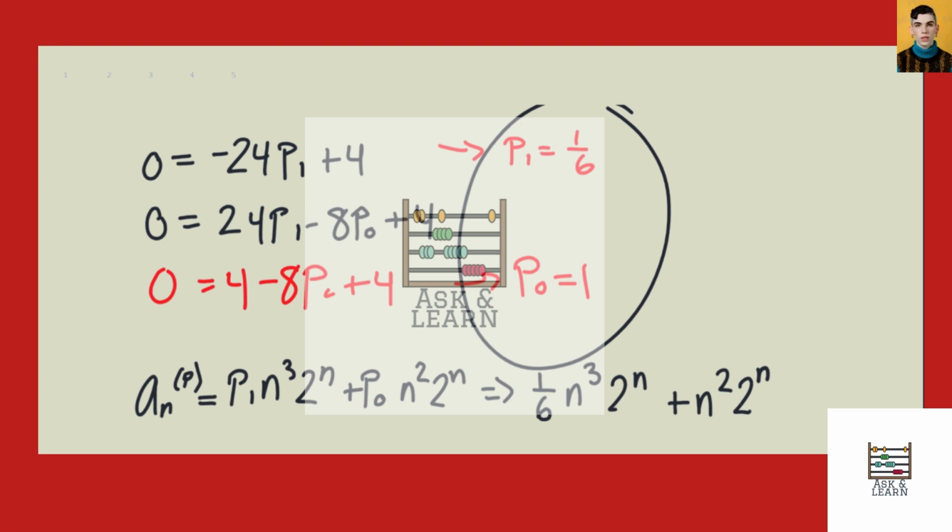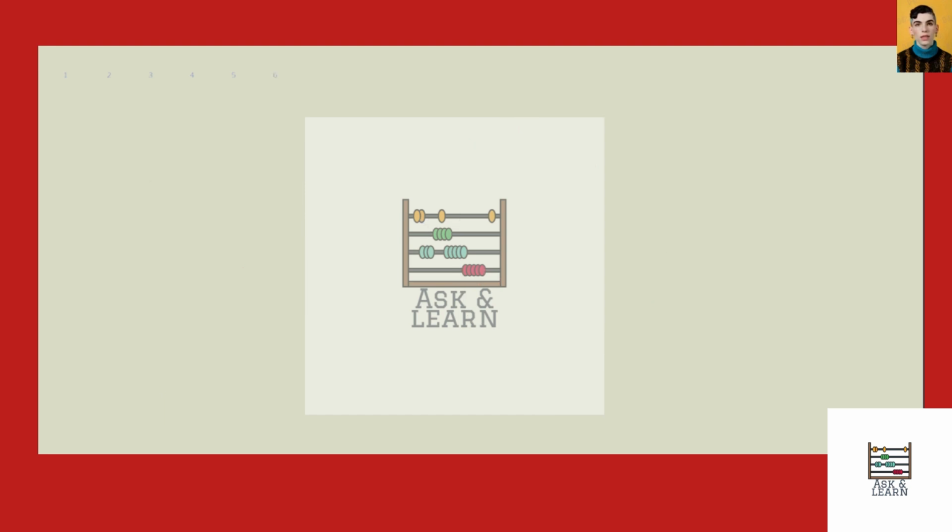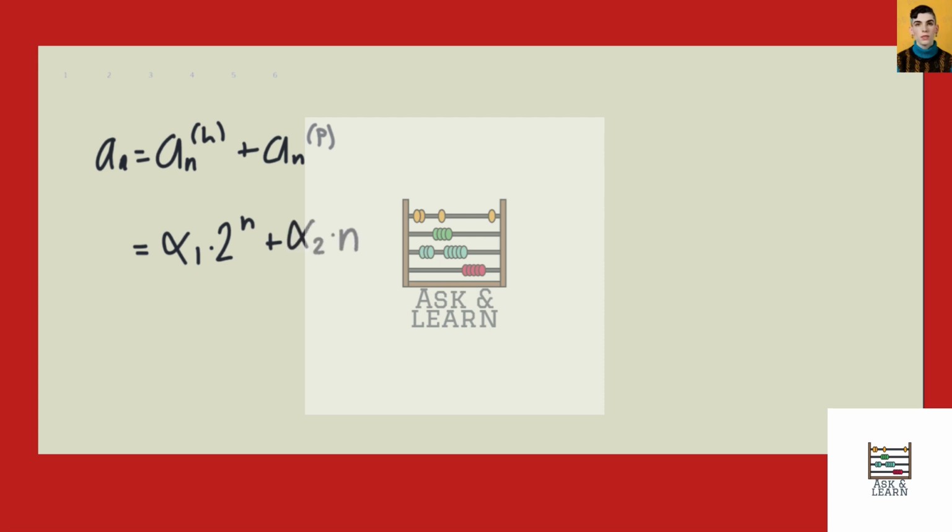Okay, so now we just have to combine that with our homogeneous solution, right? So we need our a_n to be equal to the homogeneous portion plus the particular portion. And so from right away in the beginning, we had our homogeneous portion being alpha 1 times 2 to the power of n plus alpha 2 times n times 2 to the power of n.